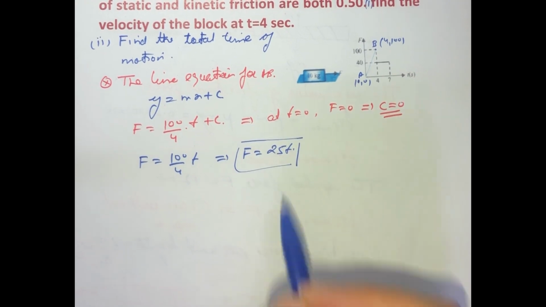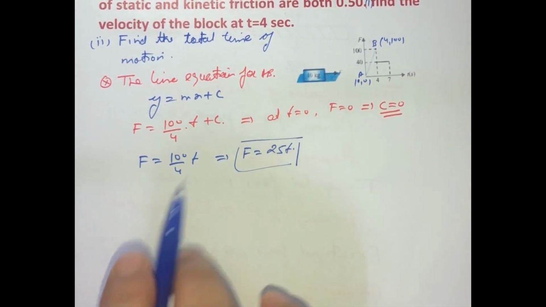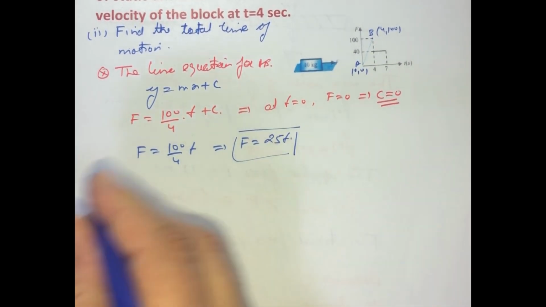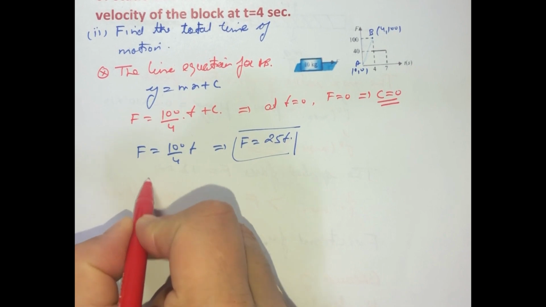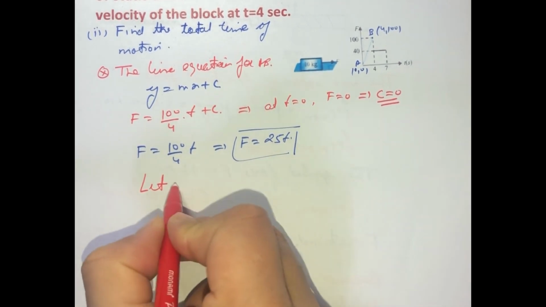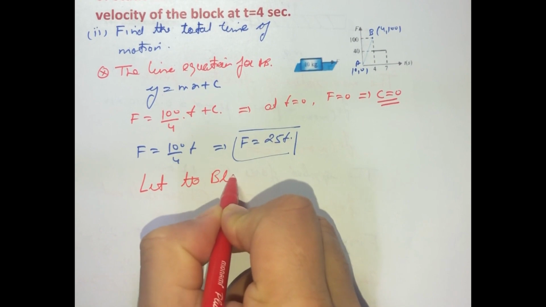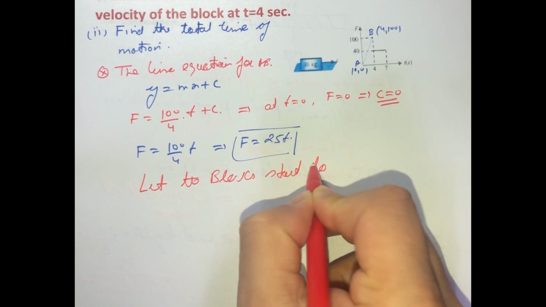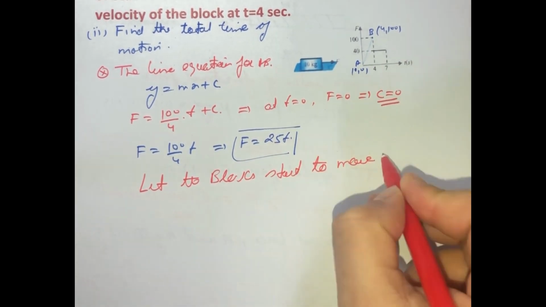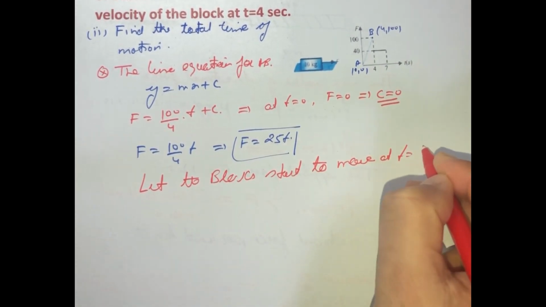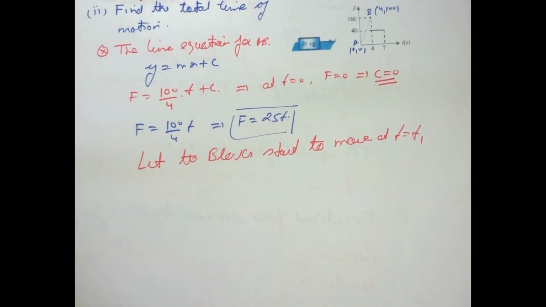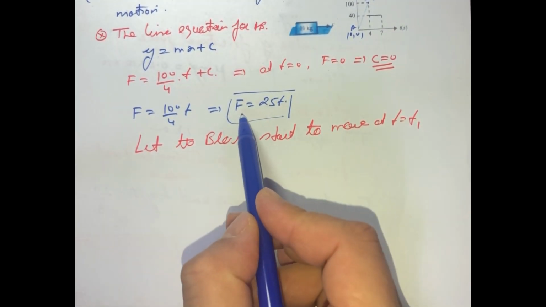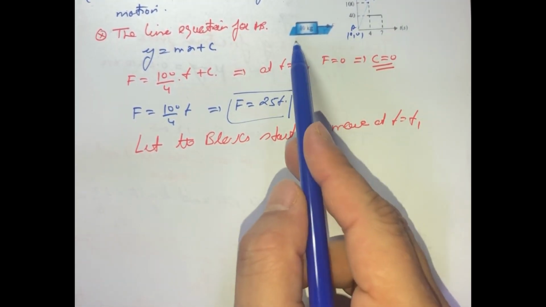Now next we are going to find the time at which the 10 kg block starts to move. Let the block start to move at t equal to t1. The condition for which the block will start moving is when the applied force becomes equal to the frictional force.